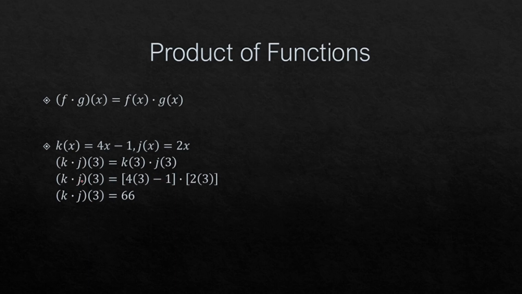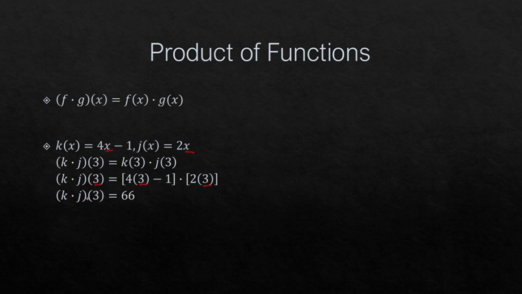So, k times j of 3 equals to 4x minus 1 times 2x. Tapos, ang x, change siya to 3. Change lang ang x to 3. Kasi given na 3 ang x.